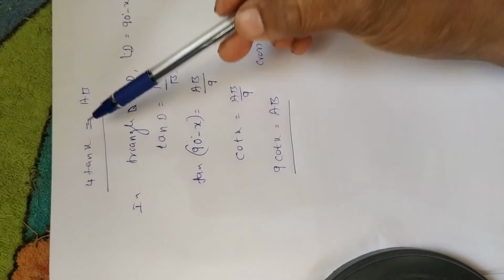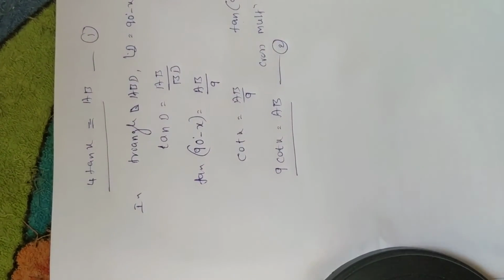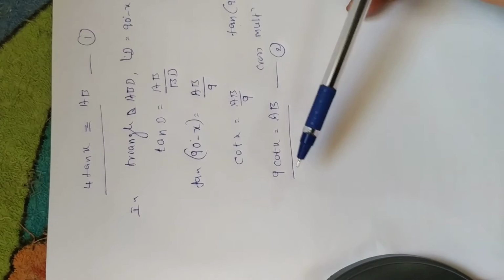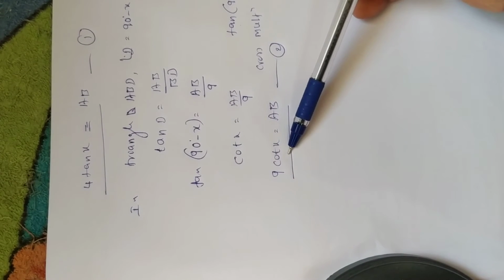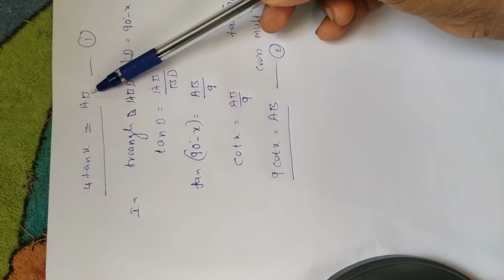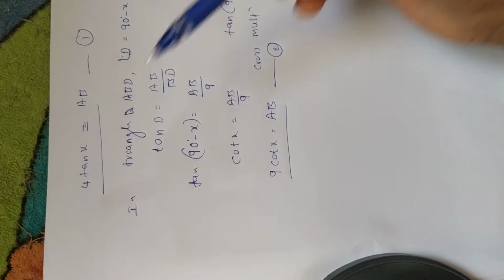Look at here, the first statement is taken as 1 and this as 2. So now see here, tan x and cot x are reciprocal to each other. Here AB refers to the height of tower. So, what shall we do here?